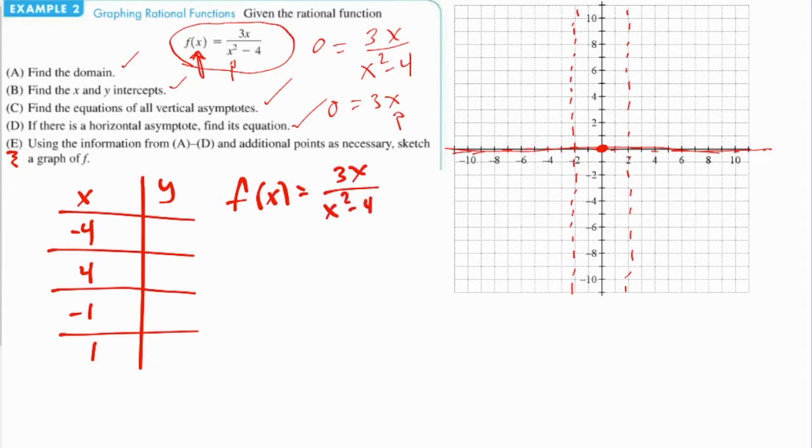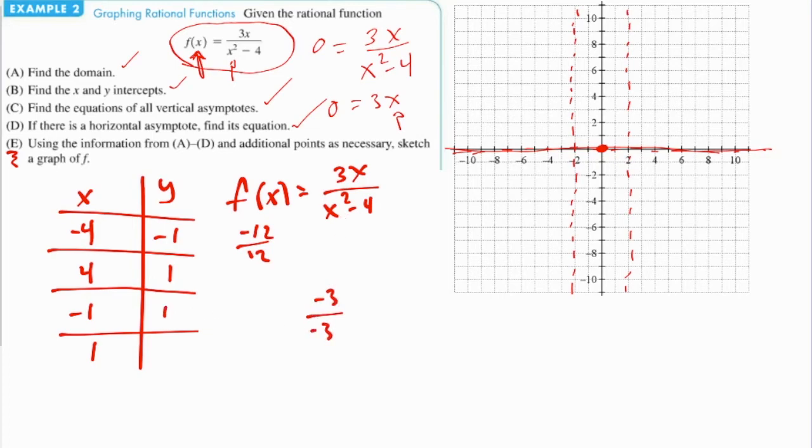So now we'll find the y values that go with each of these. So if you plug -4 into the function f of x, you'll get -12 over 12, which is -1. If you plug +4 into there, you'll get 12 over 12, which is +1. If you plug -1 in for x, you'll get -3 over -3, which is +1.